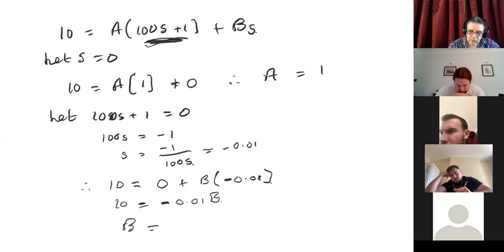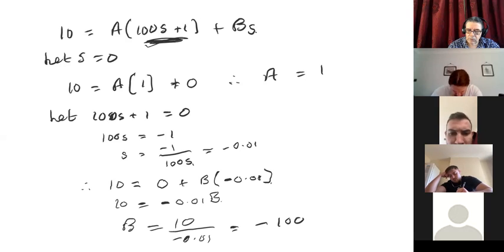B is equal to 10 over minus 0.01, and that is equal to minus 1,000. All follow that?